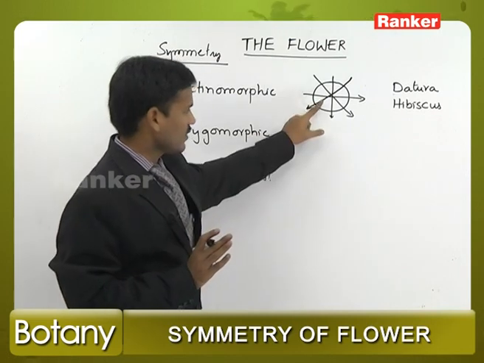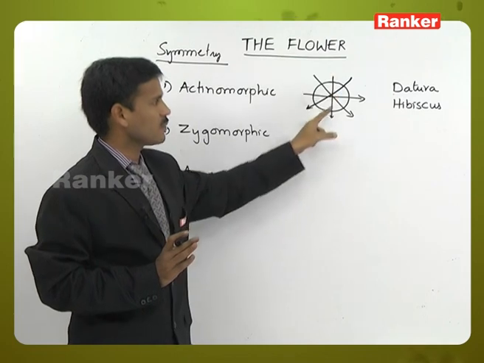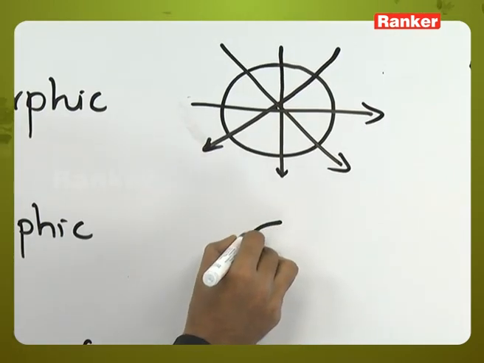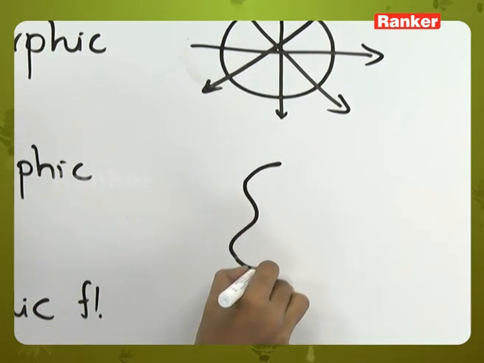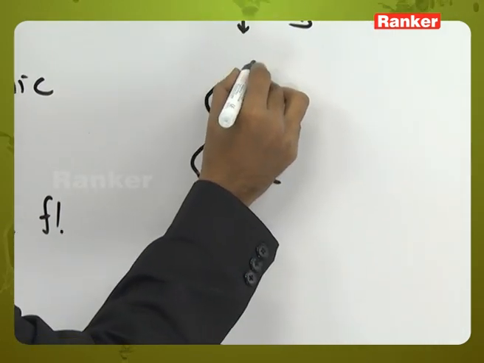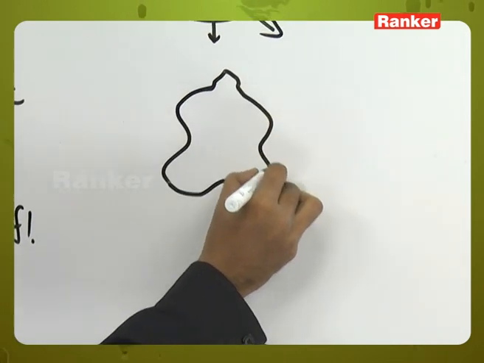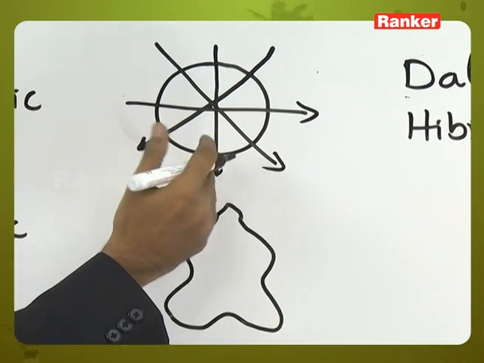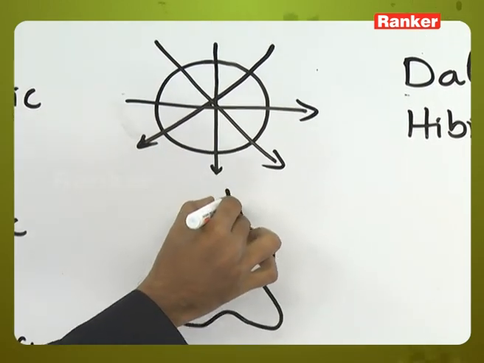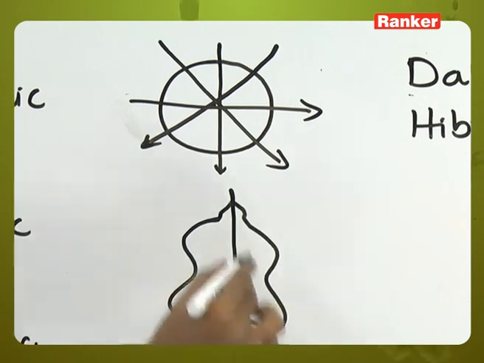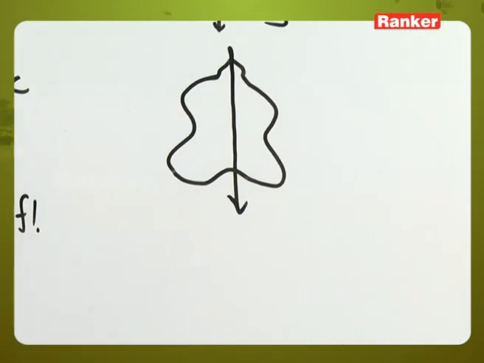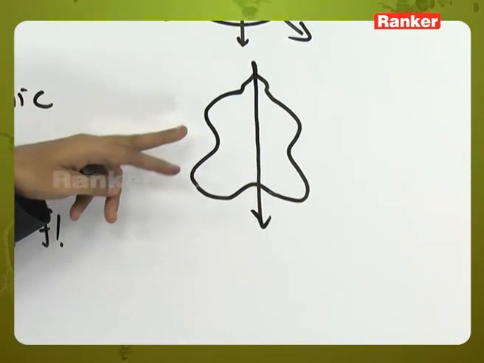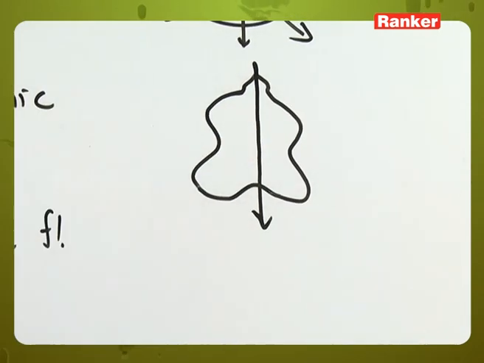Here the flower can be cut into two equal halves by any radial plane, but here, for example, one diagram, it can be cut into two equal halves by this plane only. We cannot cut it into two equal halves by other radial planes except this.